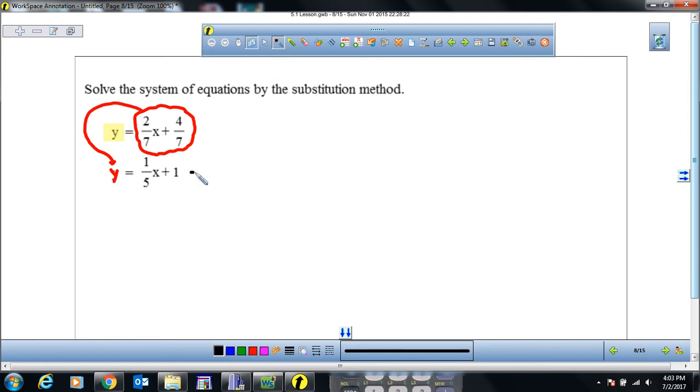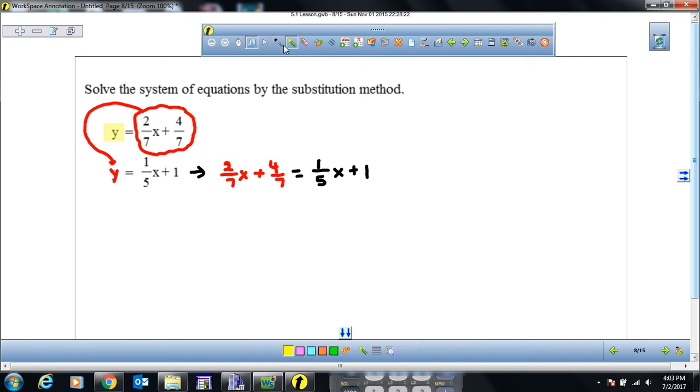So then my new equation is going to end like this. Y, which is substituted with 2/7 x plus 4/7, equals 1/5 x plus 1. And then we just have to solve this equation for x. Now, this equation contains fractions.